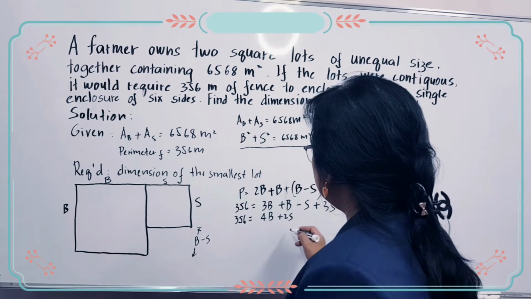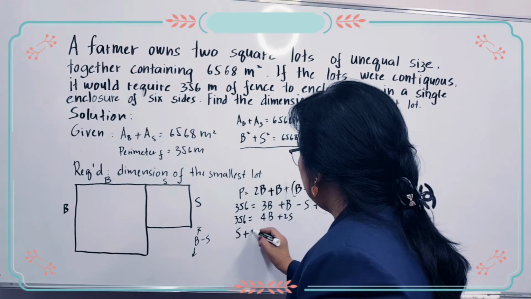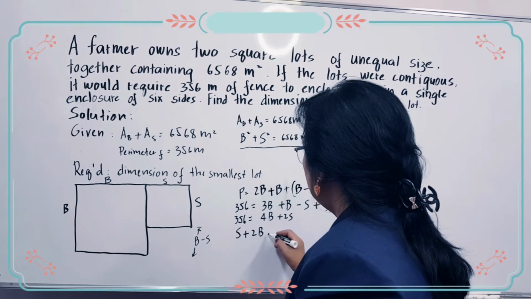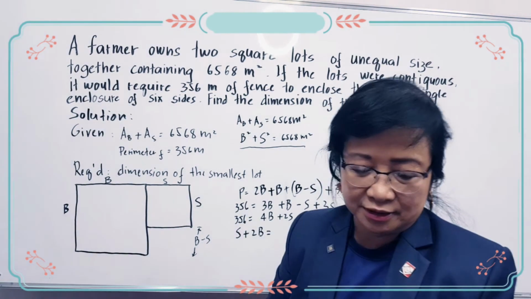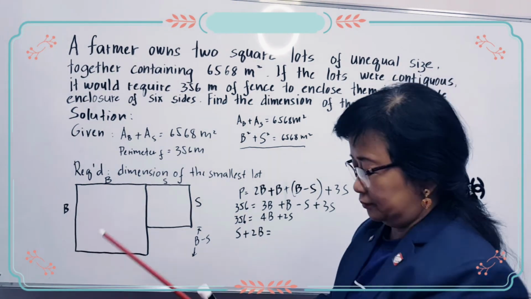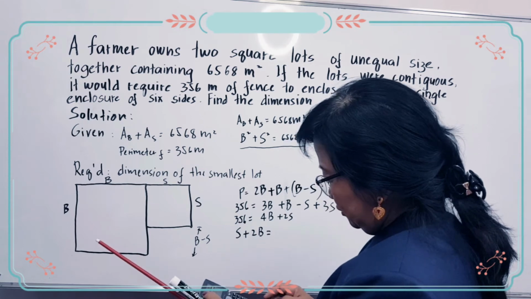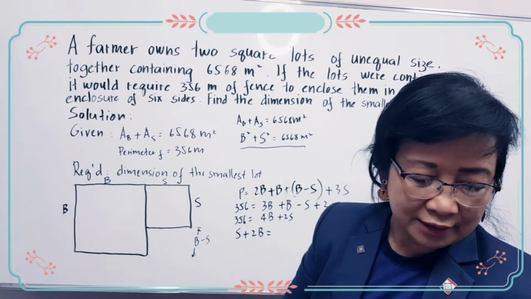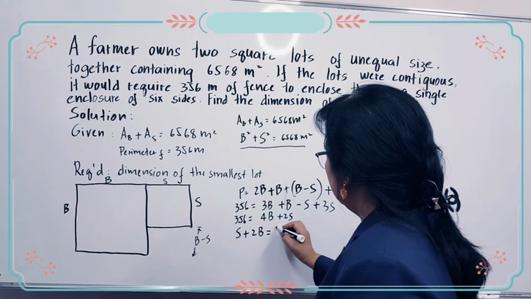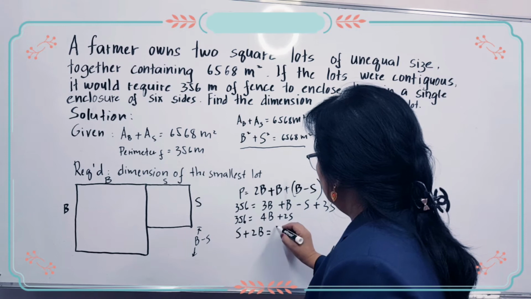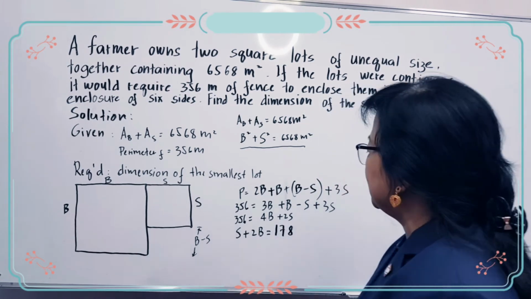If we divide it by 2, it will be S plus 2B equal to 356 divided by 2. How much is 356 divided by 2? It will be 178. So this is 178.